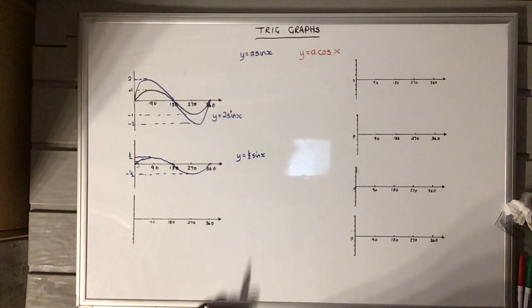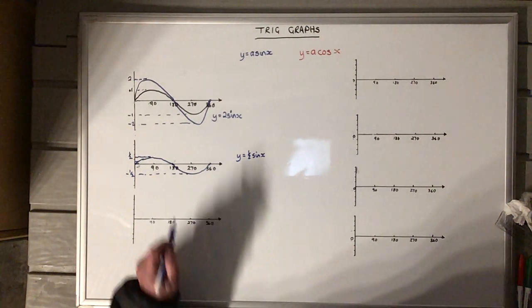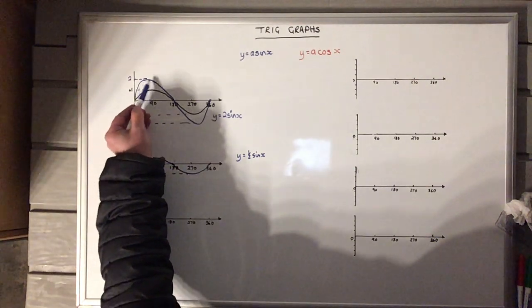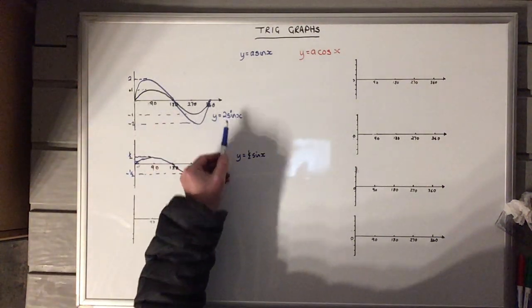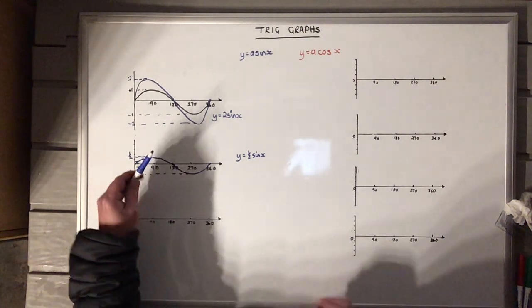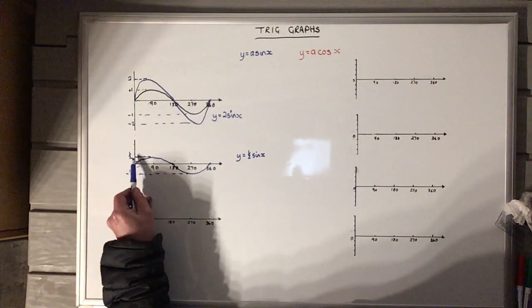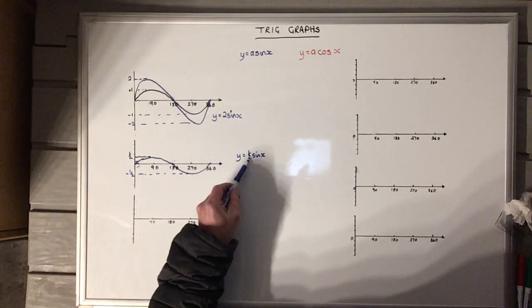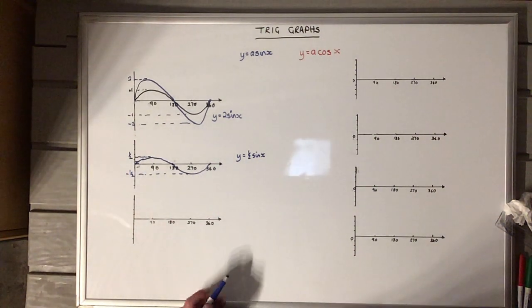So this first graph went up to 2 and -2, and a had a value of 2. The second graph has been squashed, if you like, and it goes up to a half and -1/2, so a is a half here.